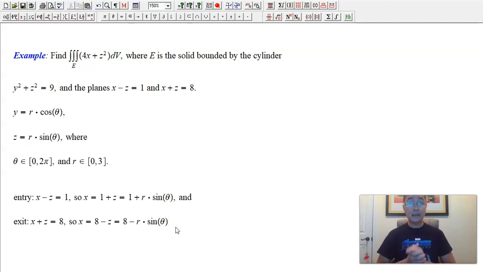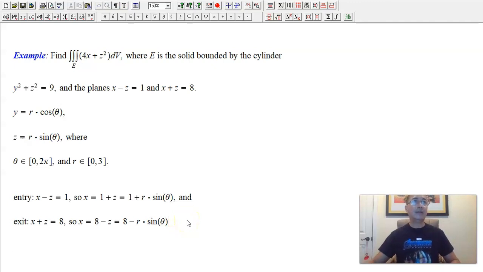That's the hardest part, finding our limits for the double integral in polar coordinates and for our inner integral, x in terms of y and z. In this case, it only depends on z, so in terms of r sine theta.